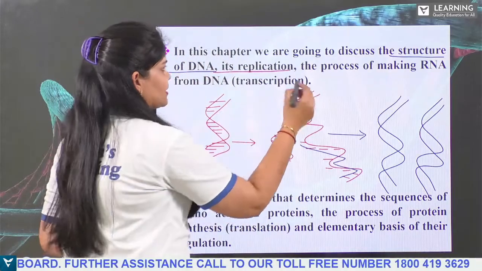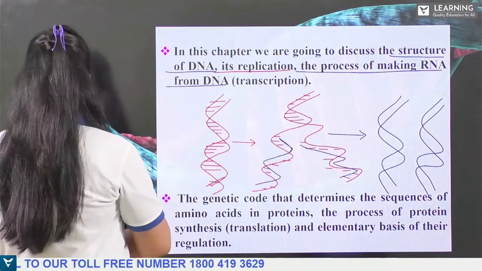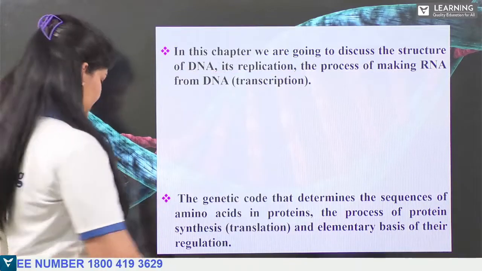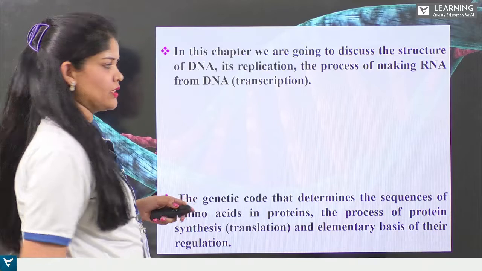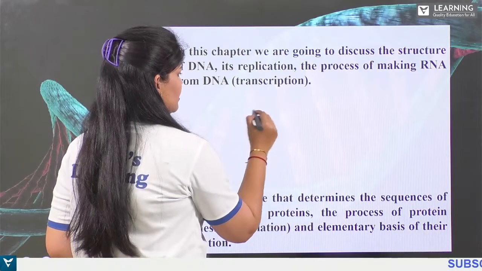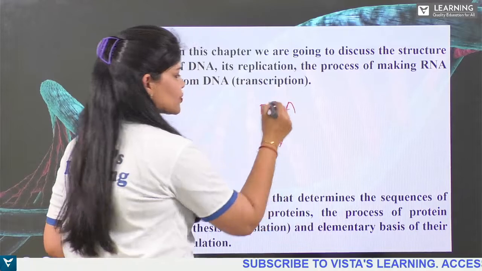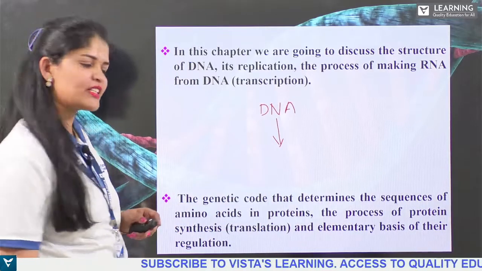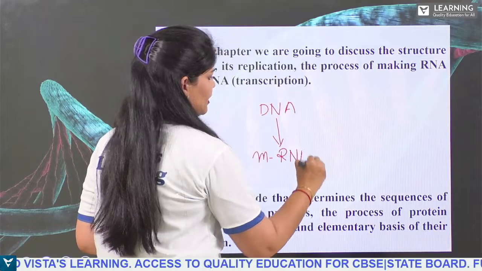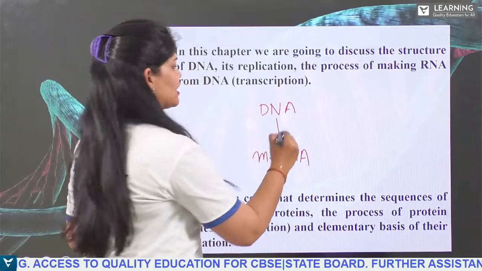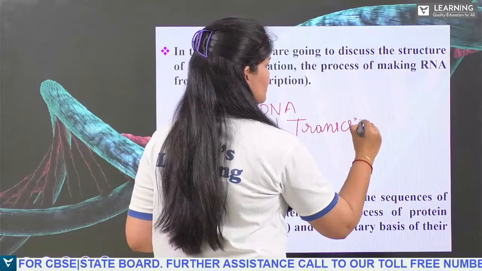Now, after that, the process of making RNA from DNA is what we call transcription. Whatever information is present in the DNA is now going to be transcribed into mRNA, and this process is called transcription.